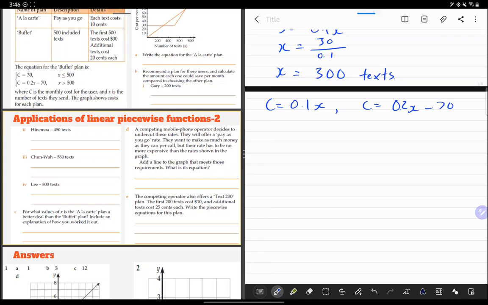that's the equation we want, and we want the two to meet. So we know that this should be equal to that, right? Because they should both be the same c at a certain number of x. So we have something like this. Right? Let's move it around. I'm going to add 70 to both sides.